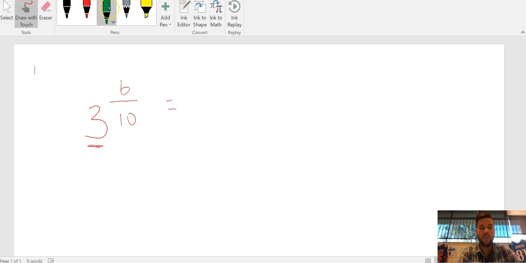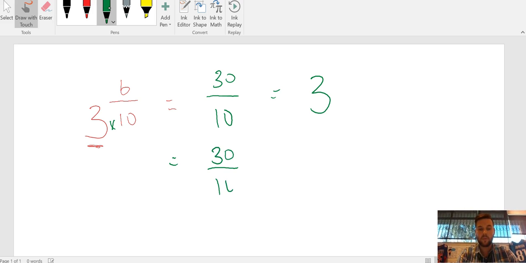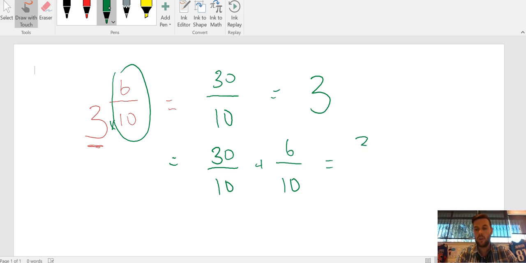If we do 3 times 10, that equals 30. So 30 over 10 is the same as 3 wholes. We've still got this part of our mixed numeral left, 6/10. So now we add that on. 30 over 10 plus 6 over 10 equals 36 over 10.